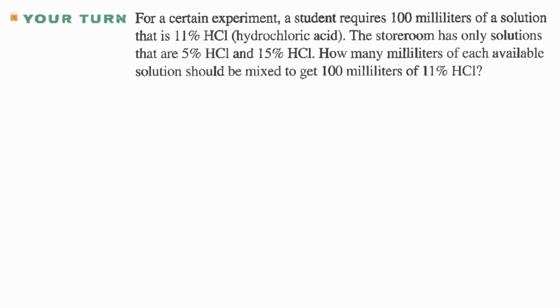All right, to set this up correctly, we're going to have 100 milliliters of 11%. So we could say 11, or we could do 0.11. Either way, the math's going to work out the same. All right, so we have some amount at 15%, and the rest at 5%. So this is going to be 100 minus x, the rest left over.